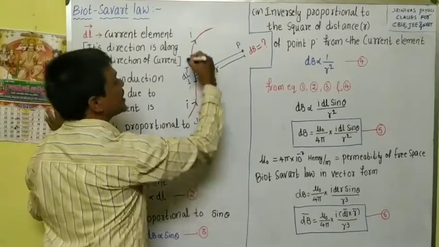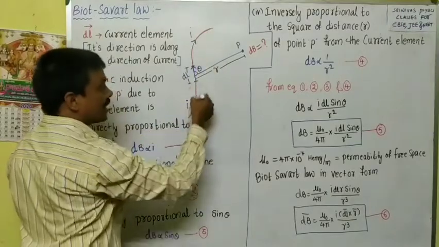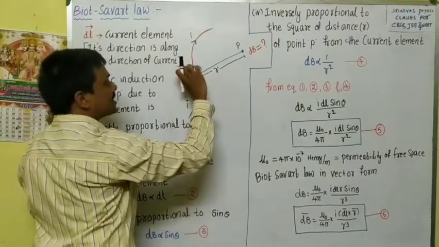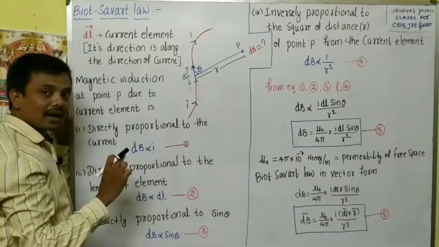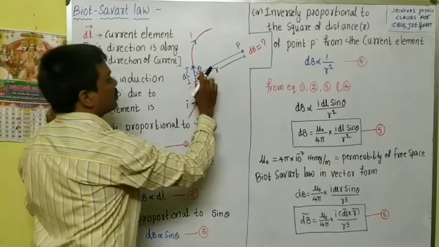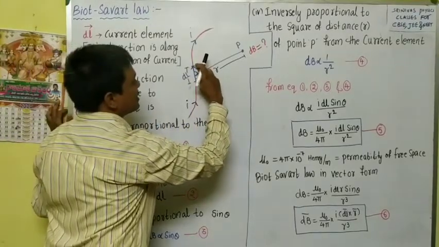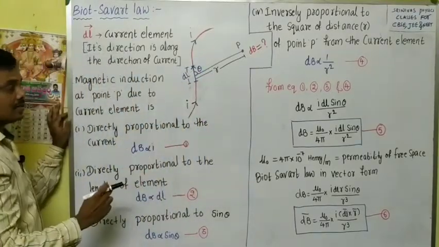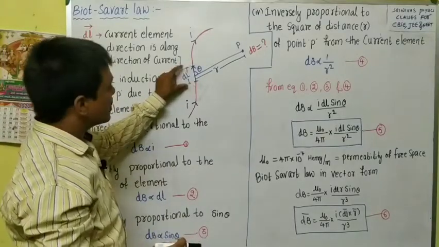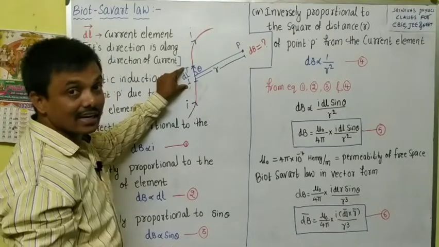This is a current carrying wire, okay? And on the current carrying wire, we are taking a small element whose length is dl. This dl is the small current element, a small part on the wire. We can take dl as a vector.